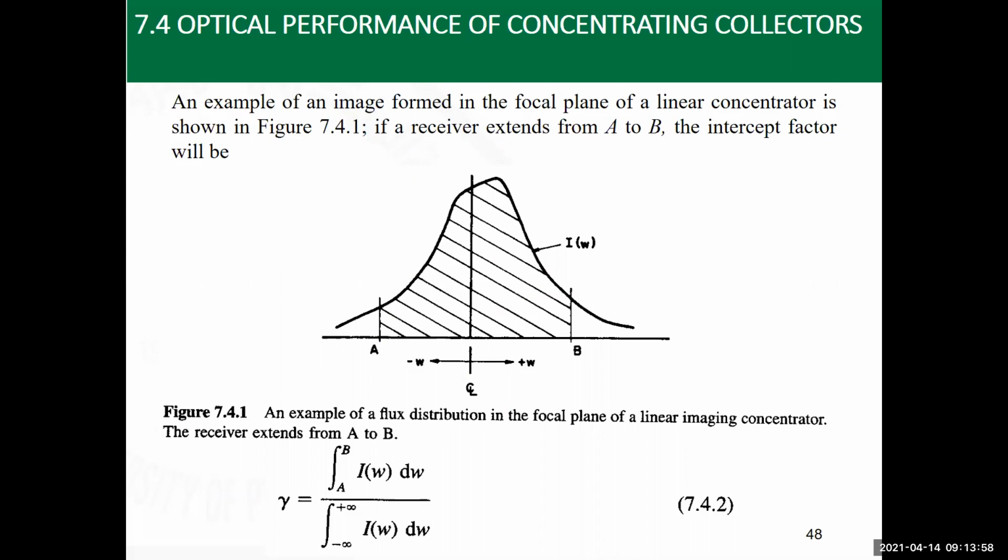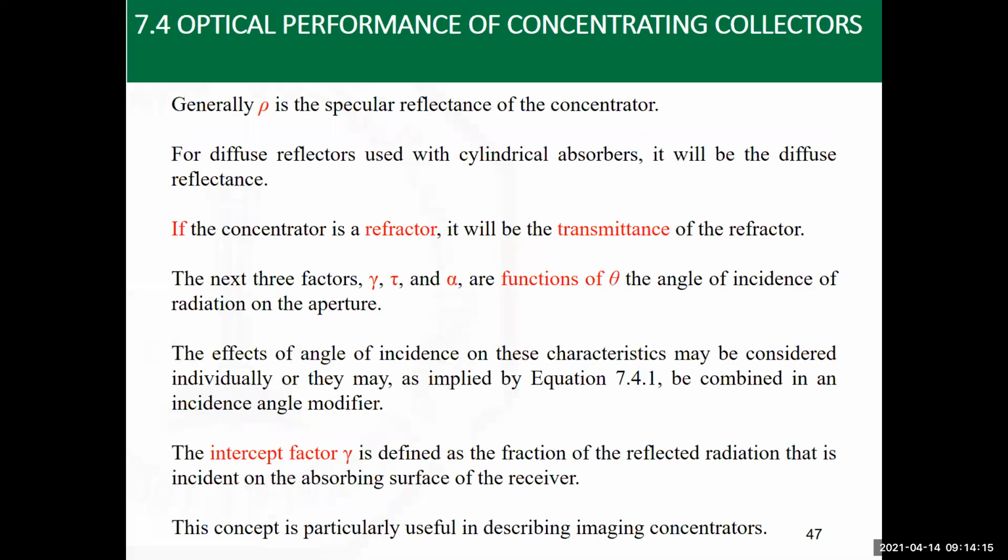For example, if you are talking about a receiver which is extended over a certain width compared to a larger width, what will be the effective width of the receiver to be considered, and the corresponding definition of gamma being obtained. I'm going to go back again to the definition of gamma, that it is the fraction of the reflected radiation which is incident on the absorbing surface of the receiver.